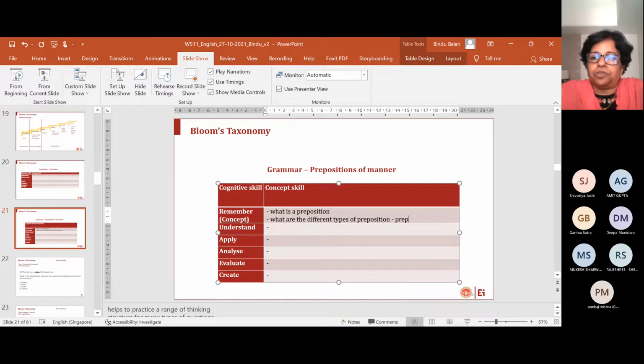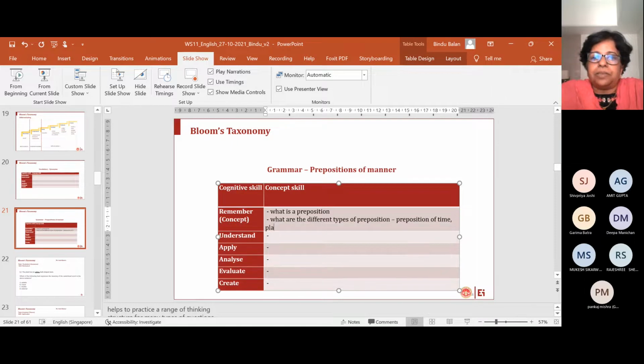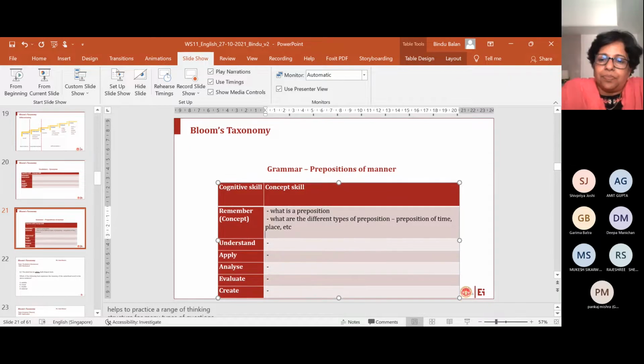Here we will say prepositions of time, place, etc. This will come under remember, at a conceptual level. Do you all agree at a recall level? Yes, ma'am.